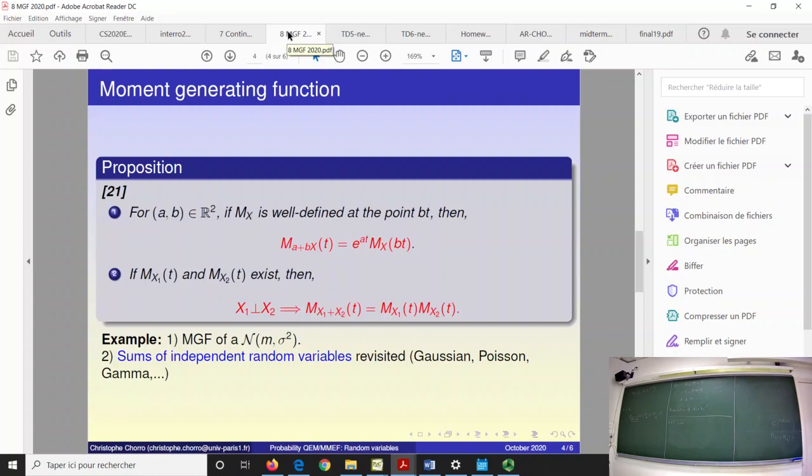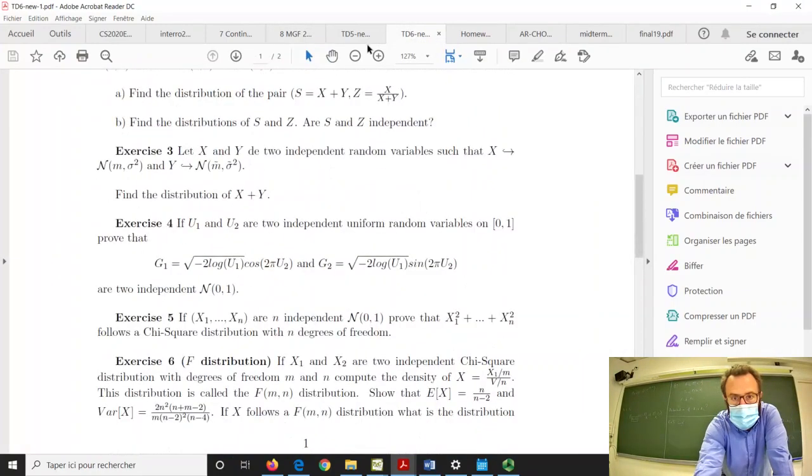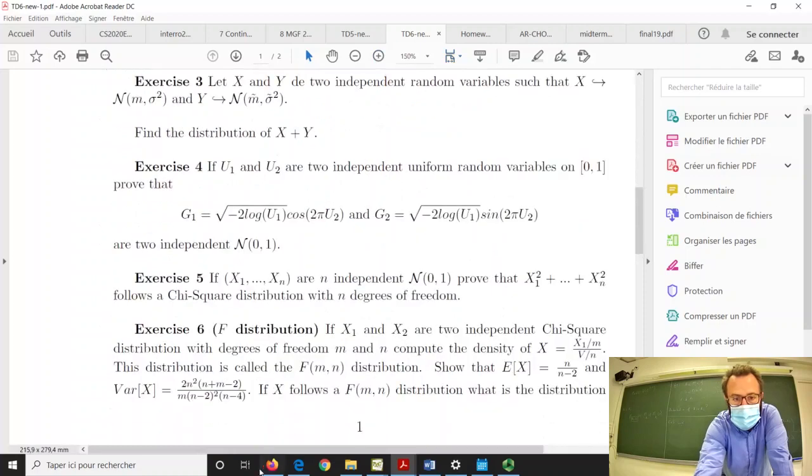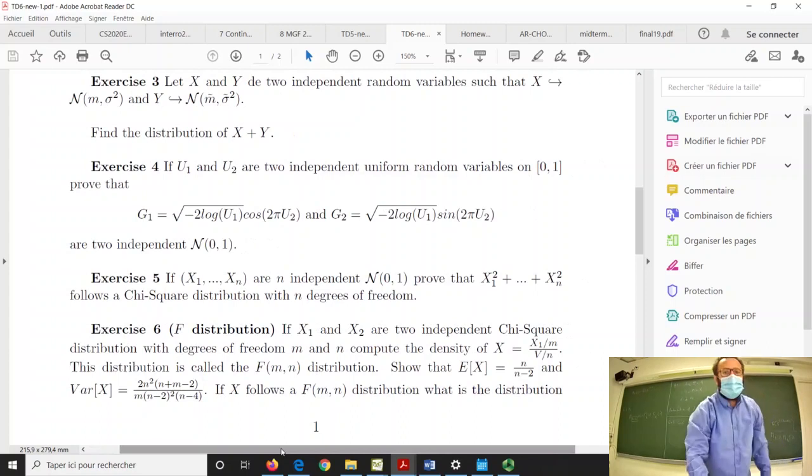If you don't have it, I can give it to you here. It's a very short statement in relation with the chi-square distribution. And at the end, you just have to say that here I recognize the moment generating function of a gamma A plus B, lambda, so X1 plus X2.